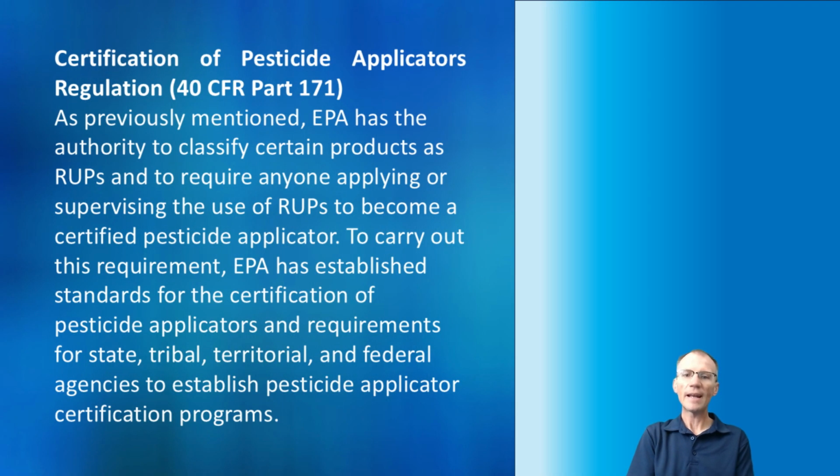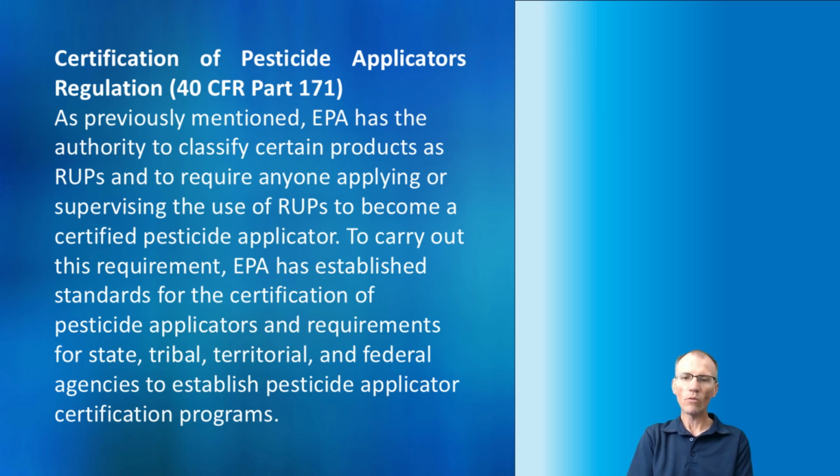Certification of Pesticide Applicators, Regulation 40 CFR Part 171. As previously mentioned, EPA has the authority to classify certain products as RUPs and to require anyone applying or supervising the use of RUPs to become a certified pesticide applicator.